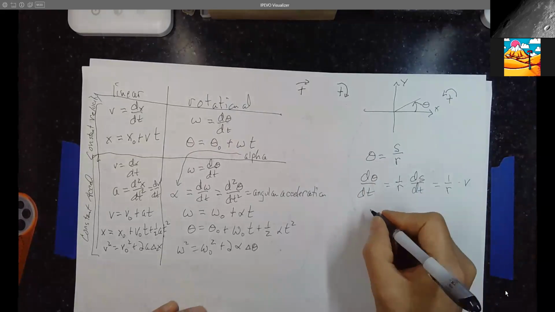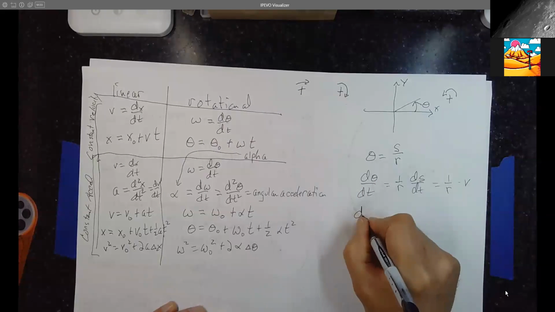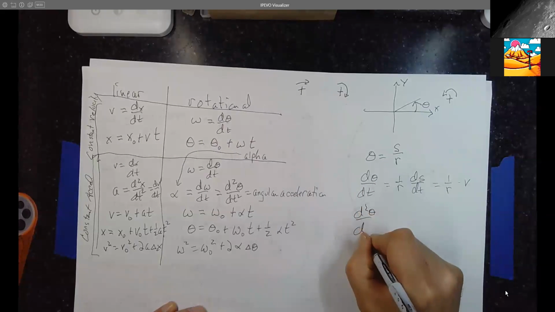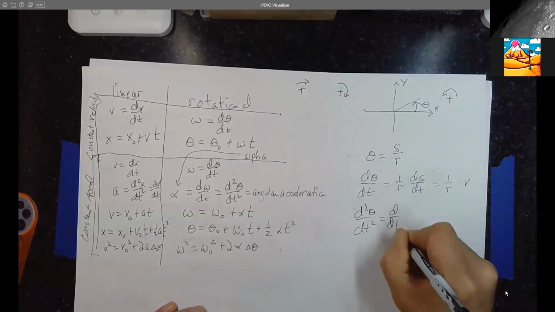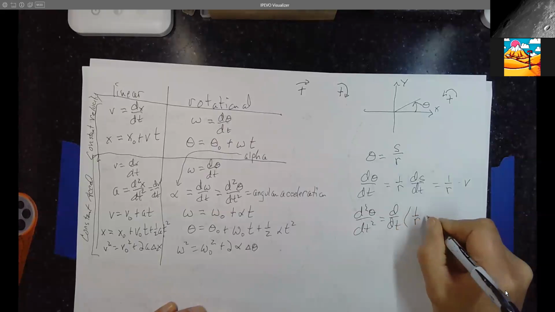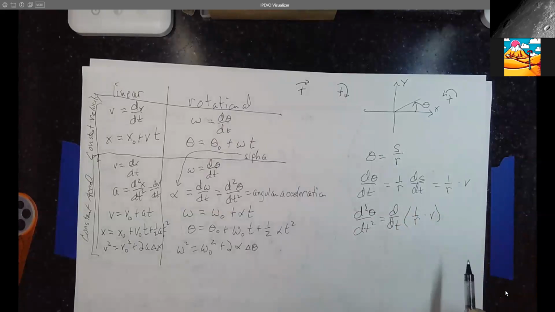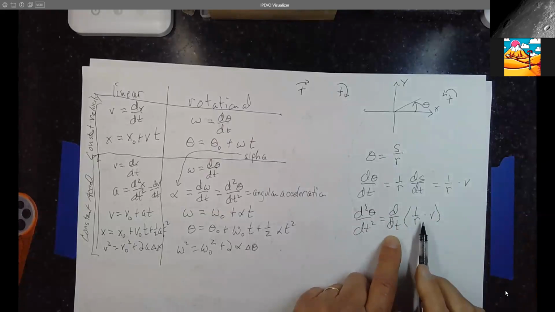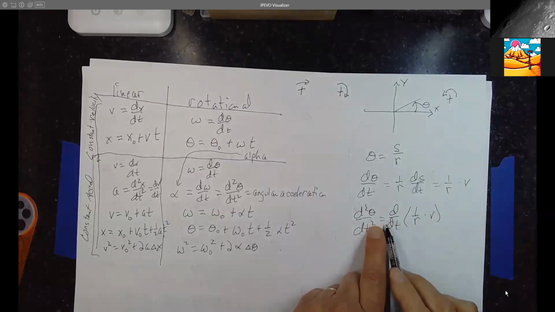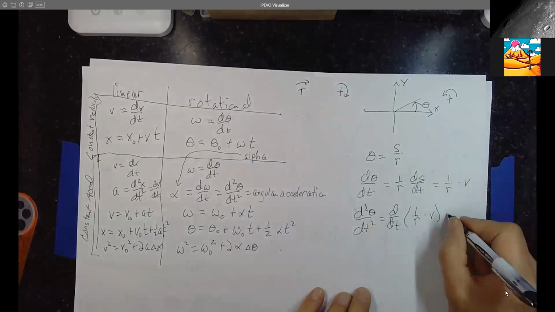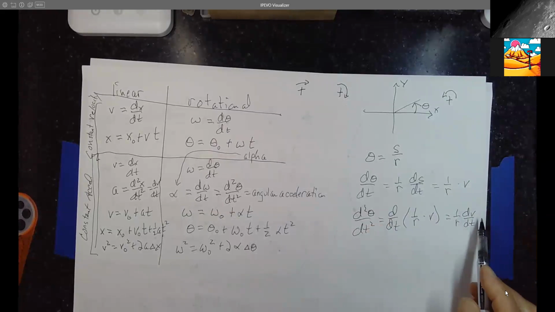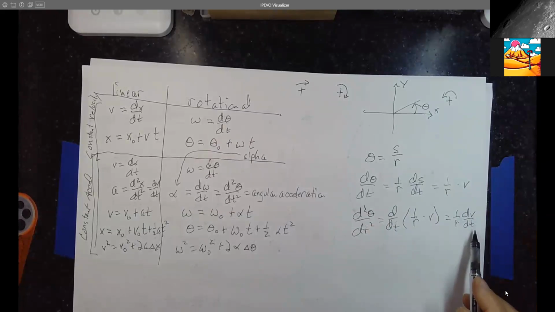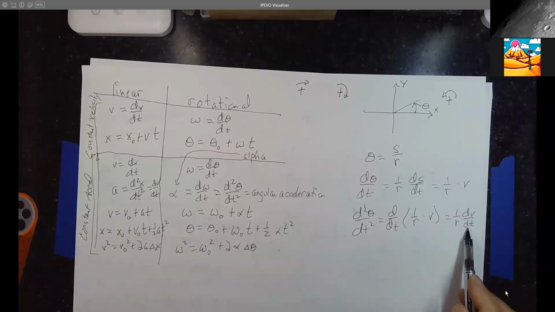Take a second derivative. So d squared theta dt squared would be the time derivative of 1 over r times v, and the 1 over r is a constant. It can come outside the derivative, and we'll have 1 over r dv dt. Now, this is the time rate of increase of the speed of the object.